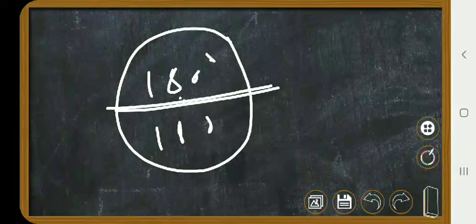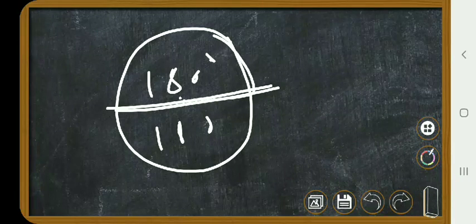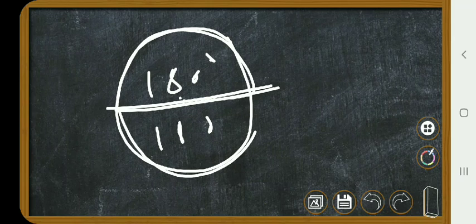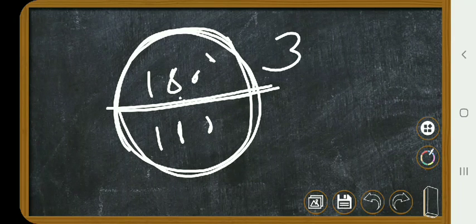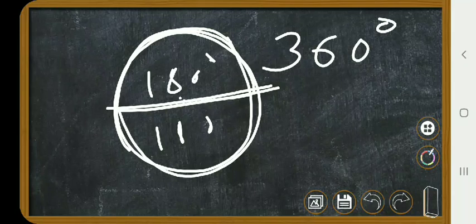This is called a half circle. A half circle measures 180 degrees, and the whole circle measures 360 degrees. Keep in your mind, the measure of a full circle is 360 degrees. Hope you have understood this.